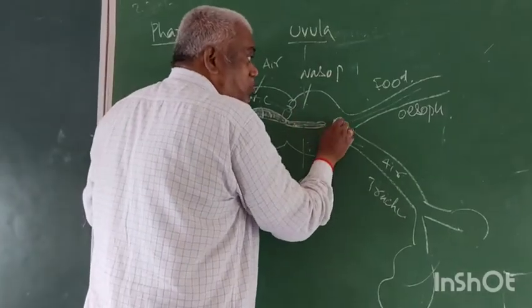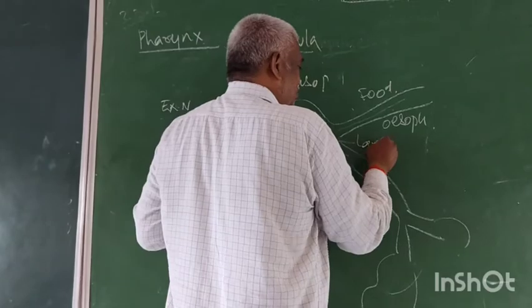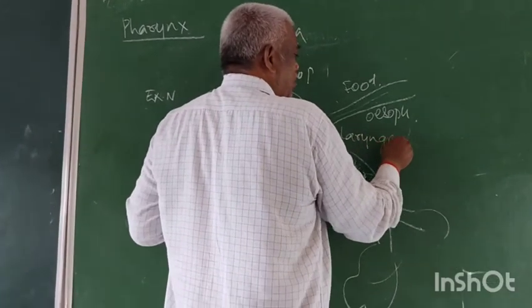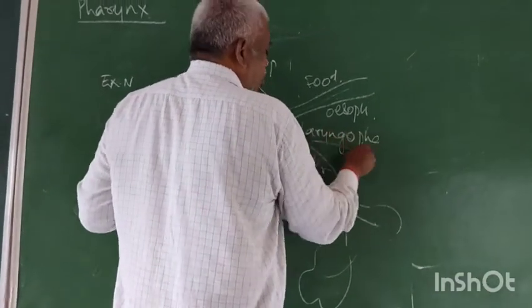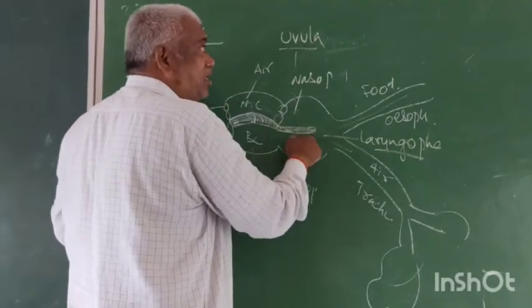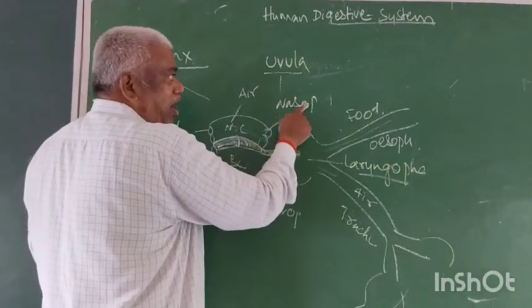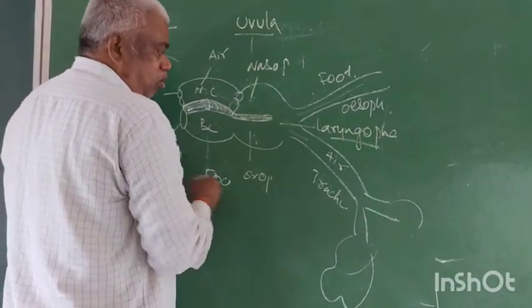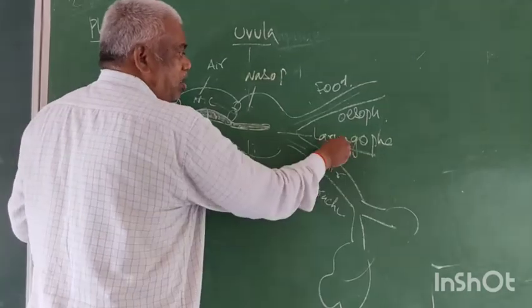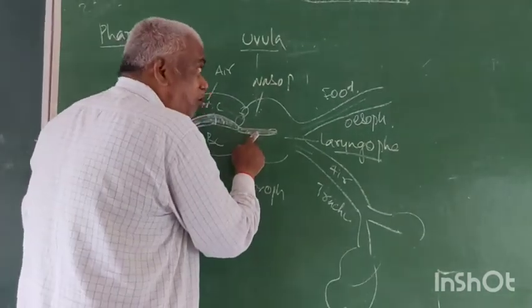Both are open into a space called the laryngopharynx. So there may be three regions in the pharynx: nasopharynx, oropharynx, laryngopharynx, due to the formation of the uvula.